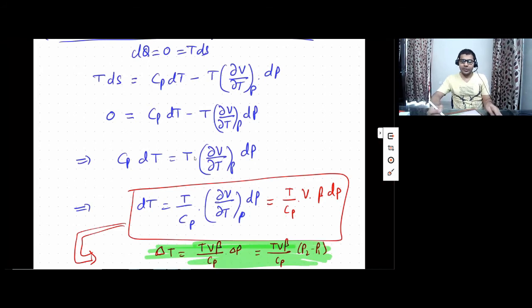Let's do a small numerical problem, as we did in the last case.